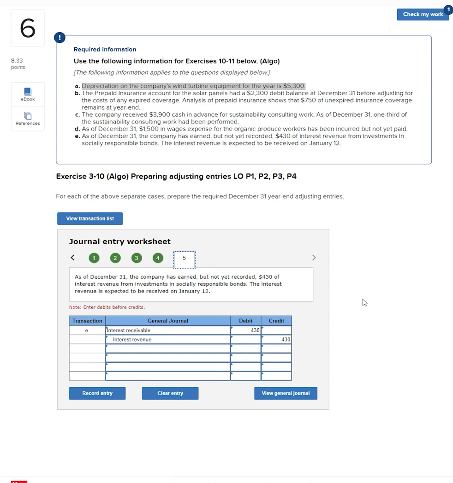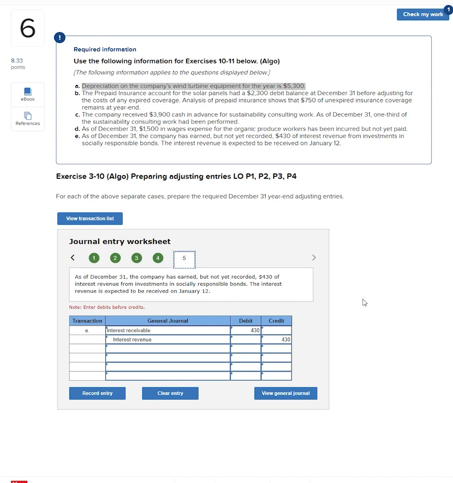So the period will be closed, and the interest revenue will be received later, next month. So what we need to do is an adjusting entry here with the accounts interest receivable and interest revenue. In this order, interest receivable will be debit and interest revenue will be credit. And we just need to write the amount that they gave us.